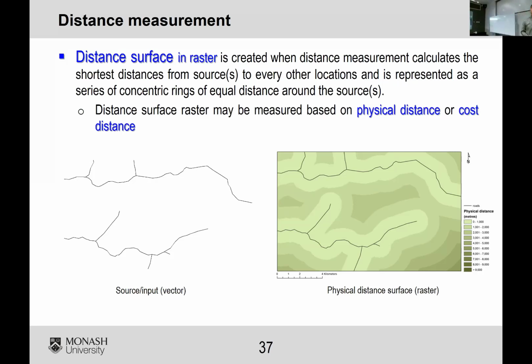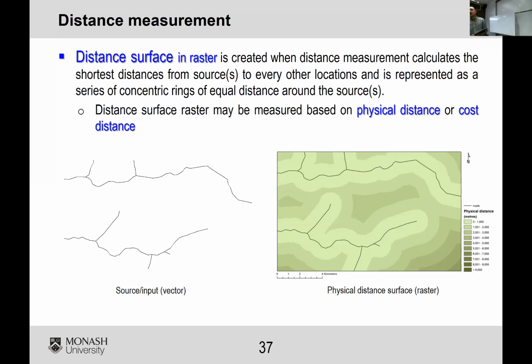For example, the least cost path from the data input. So here we're going to talk about the distance surface. So this is the process to create a surface representing the distance to travel from a location to the source location.